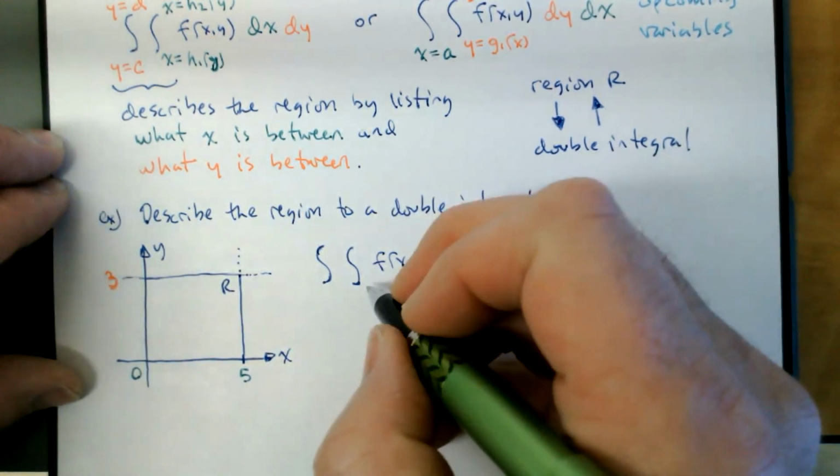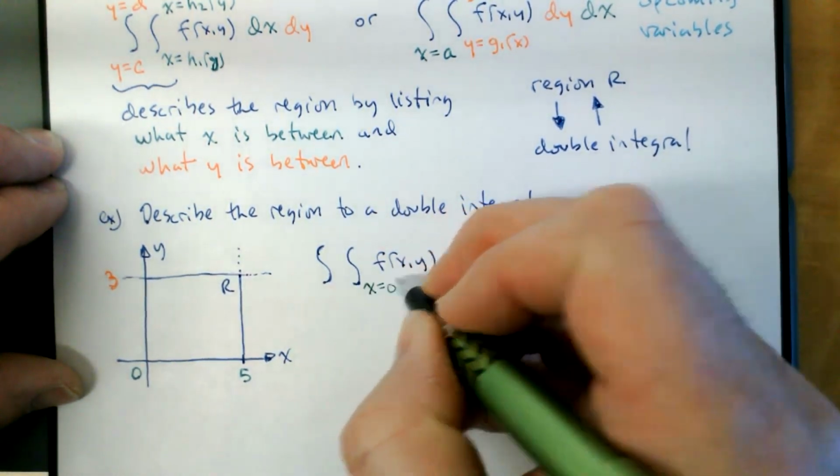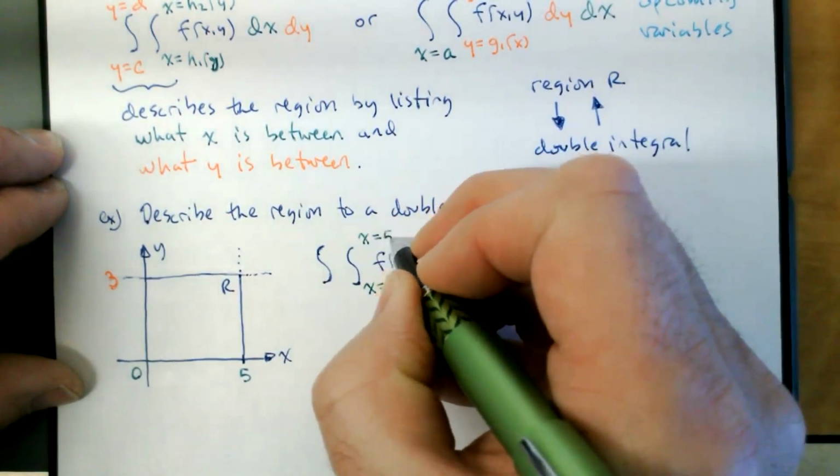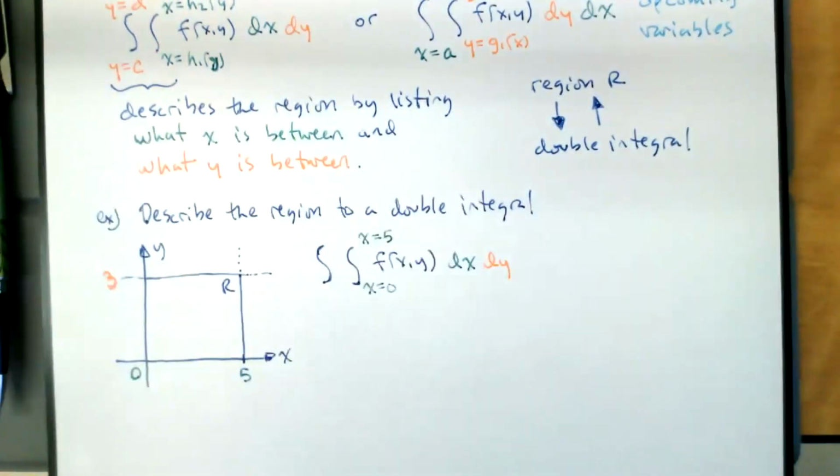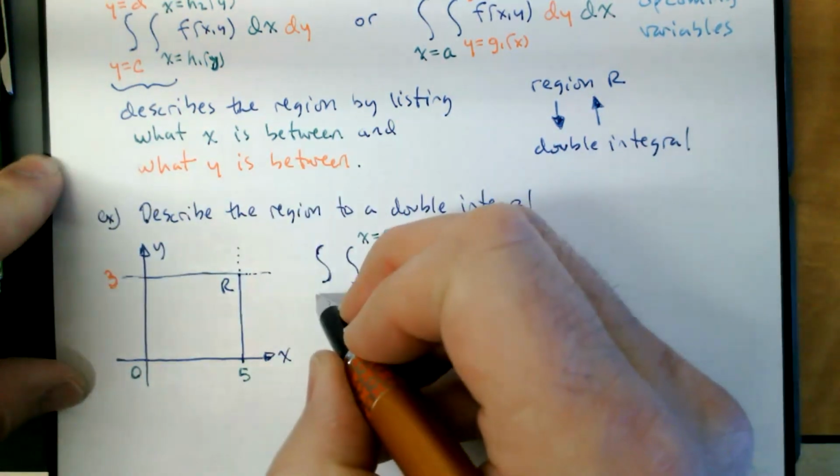So I just get to go x equals 0 to x equals 5. The last integral has to use constants, which is all that we want to use anyway. We start off at 0 and go up to 3. So y equals 0 to y equals 3.